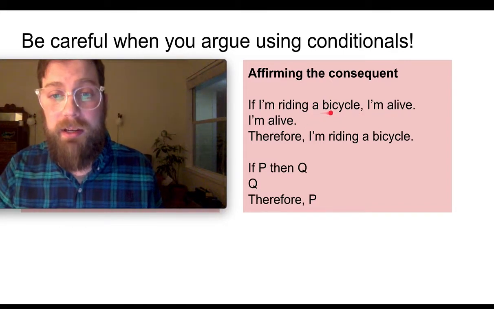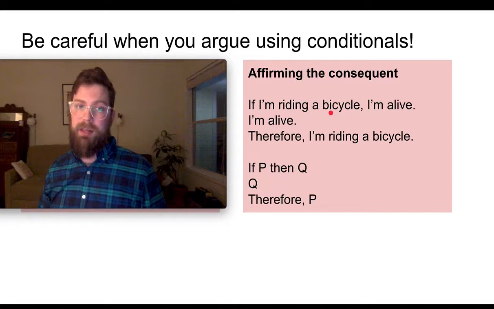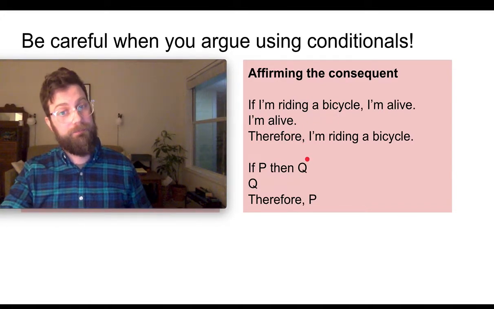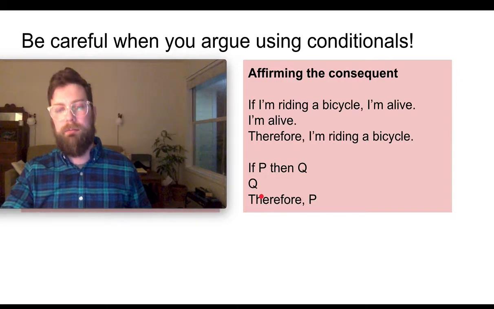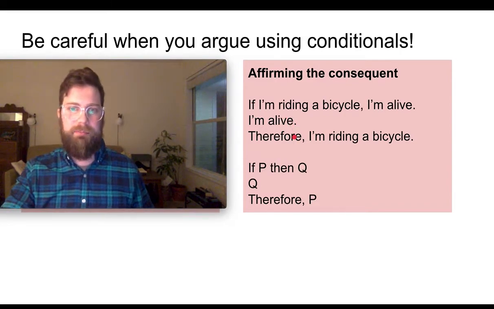We say, if I'm riding a bicycle, then I must be alive, right? If I'm riding a bike, then I'm alive. I'm alive, therefore I must be riding a bike. So this one says, if P then Q, Q, therefore P, right?